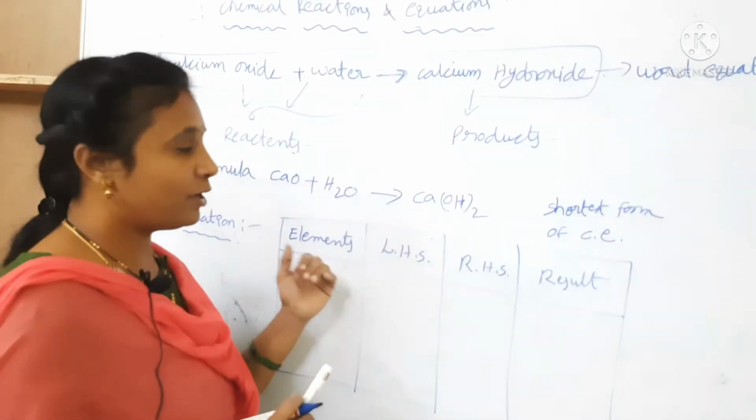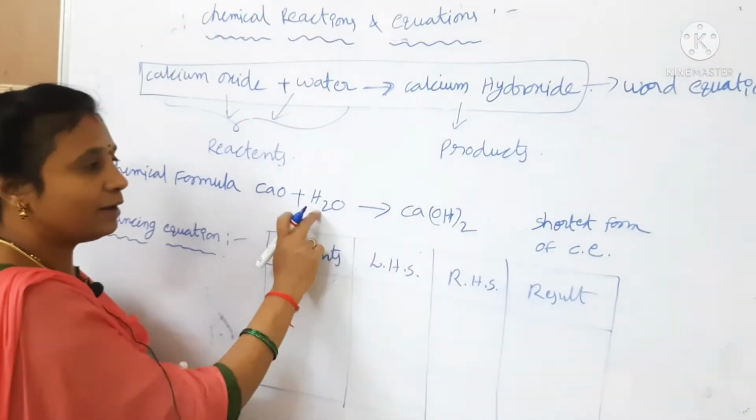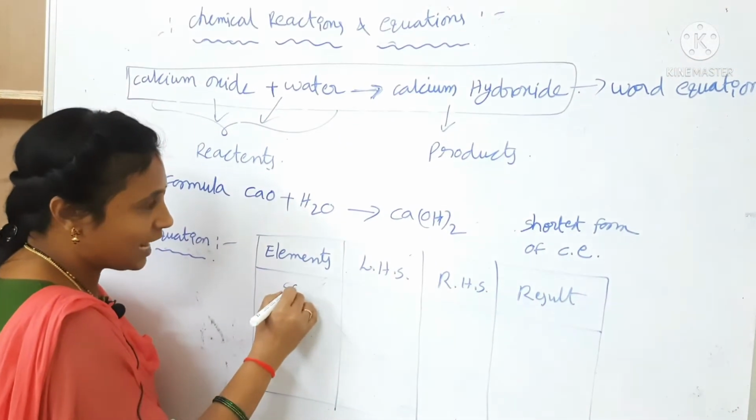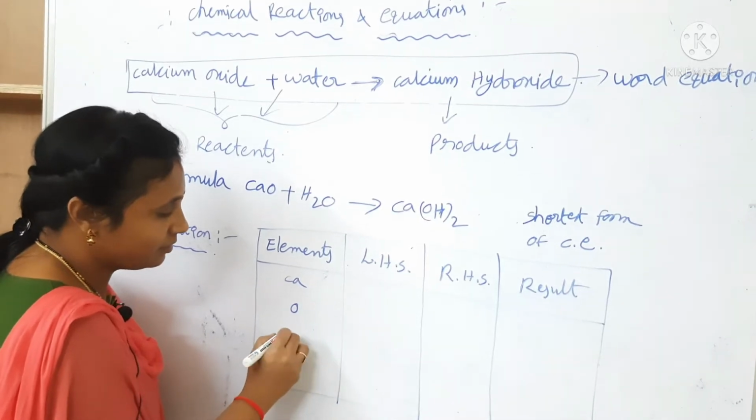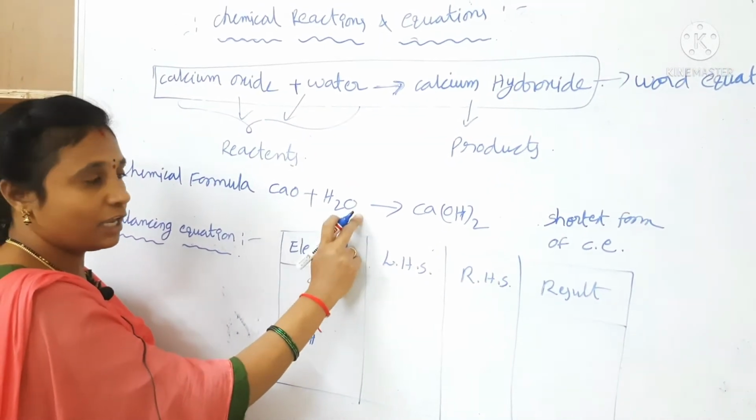The columns of the table are elements, LHS, RHS and result. What elements are used here? One is calcium, the second is oxygen, the third is hydrogen. Three elements are used in this equation.